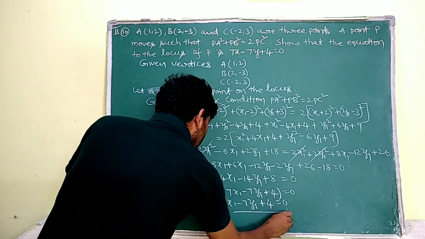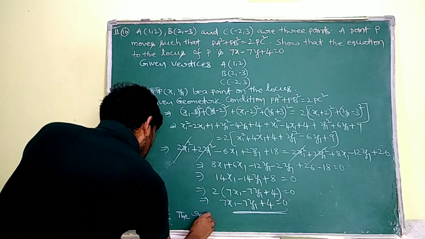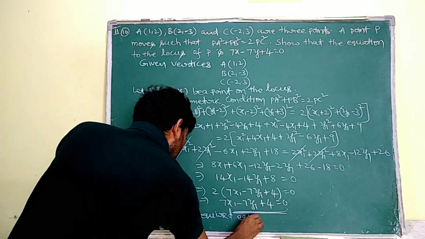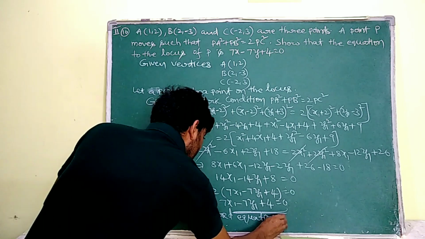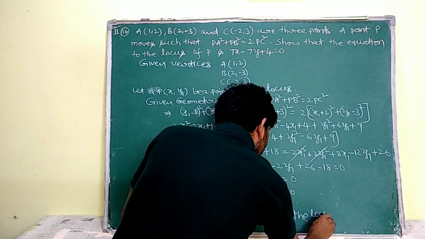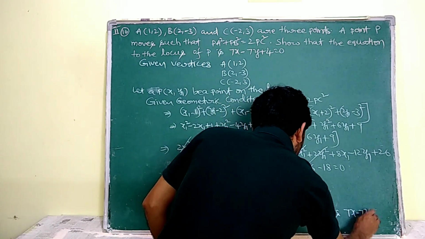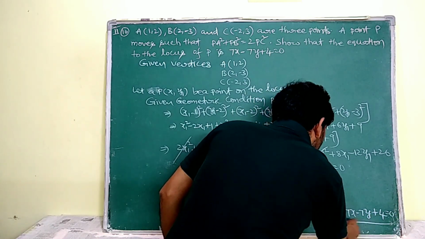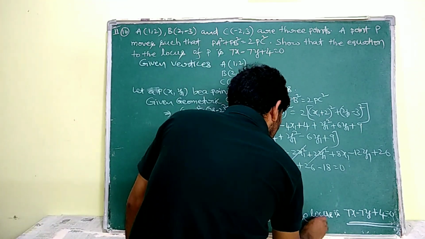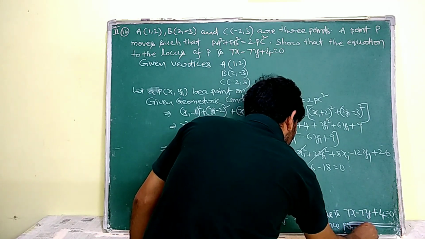Therefore, the required equation of the locus is 7x minus 7y plus 4 is equal to 0. This only we have to prove, because he asked us to prove that. Hence proved.